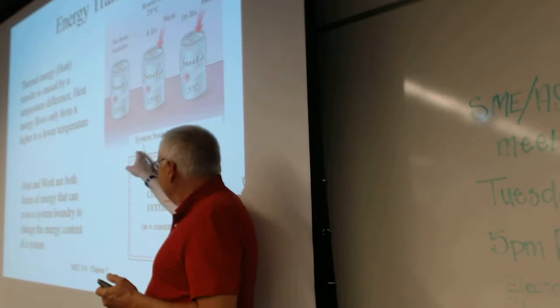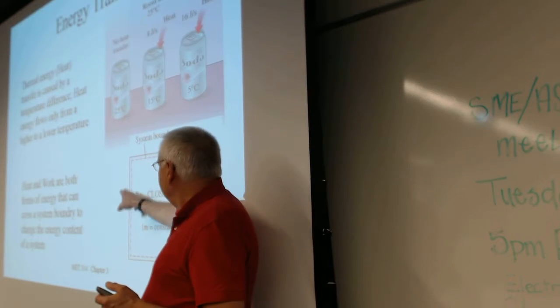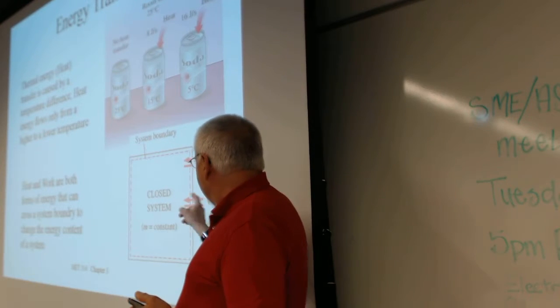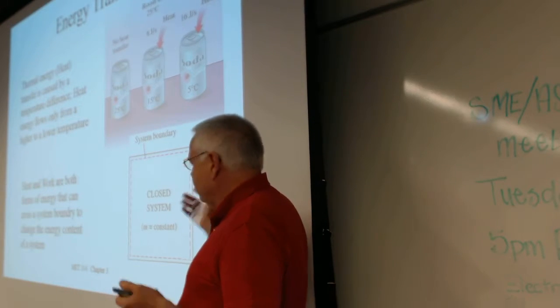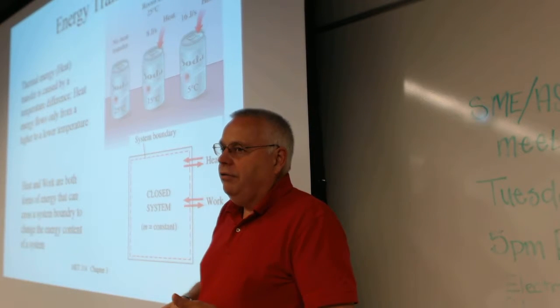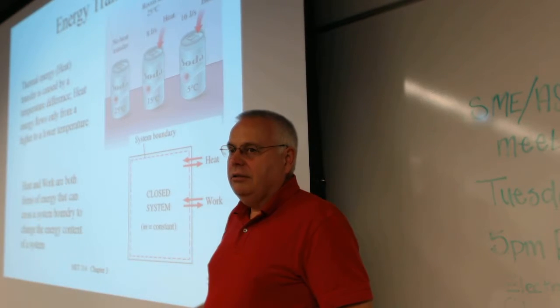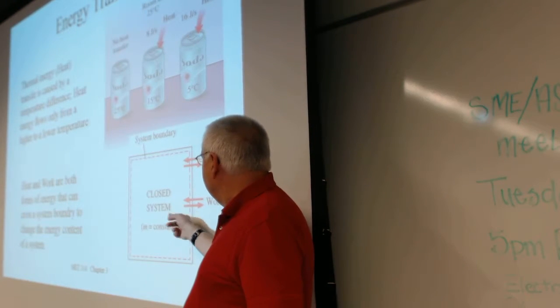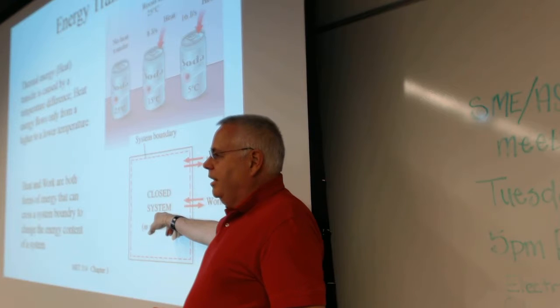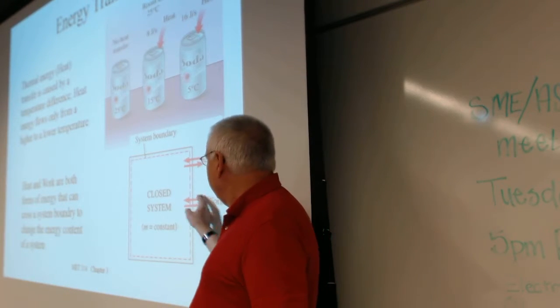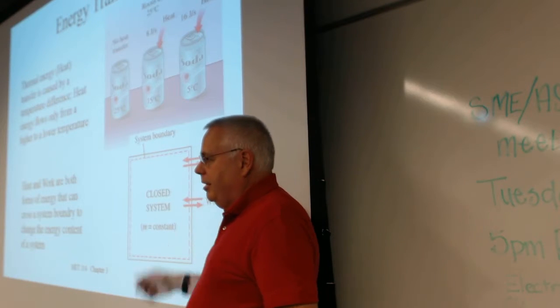So when we have a system, we define the boundary, closed system, there's heat that goes in, there's work that goes in, there's heat that comes out, work that goes out. We're going to look at this boundary and then do the first law, conservation of energy. If this much heat goes in and no heat comes out, and the system itself isn't getting hotter, we would expect some work to come out. If we put work in, we might expect heat to come out.